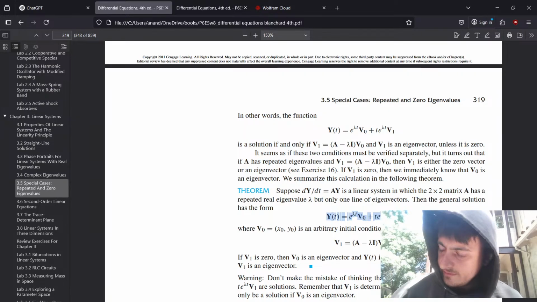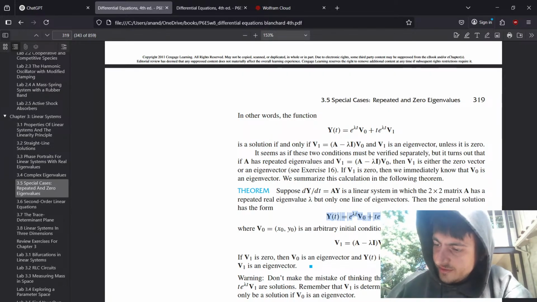then the general solution is of the form y of t is equal to e to the lambda t v0 plus t e to the lambda t v1, where v0 equal to (x0, y0) is the initial condition, and v1 is equal to A minus lambda I v0.